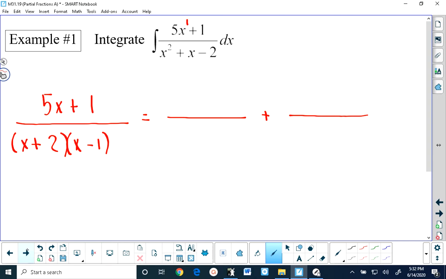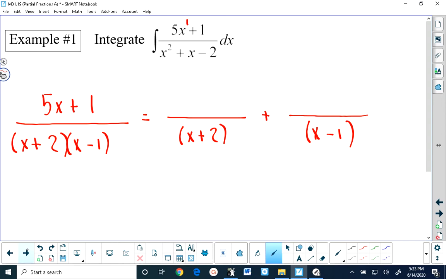Now, if that is the case, then the number of partial fractions will be equal to the number of factors in the denominator. So if we have two factors in the denominator, we're going to have two fractions that we can add together to get that. The other thing that you'll note is the two fractions have to have denominators that match the factors in the old denominator.